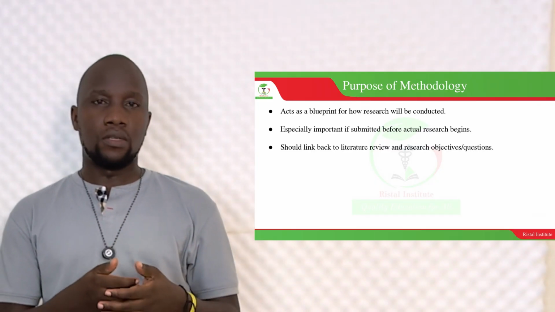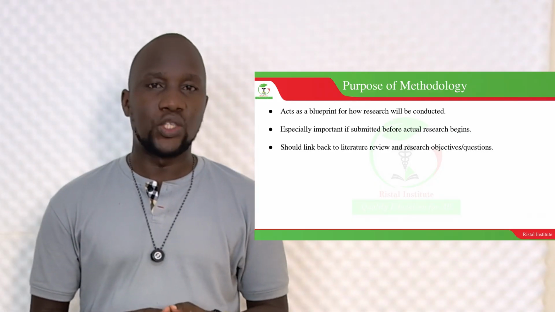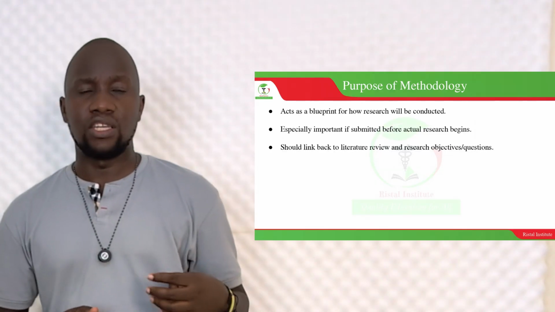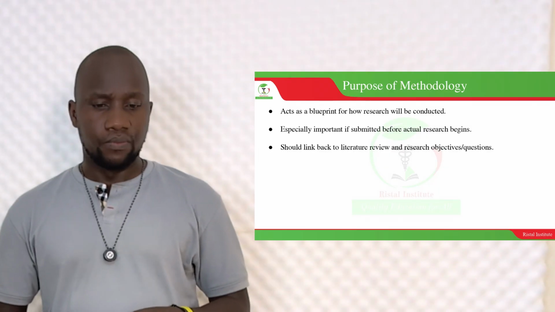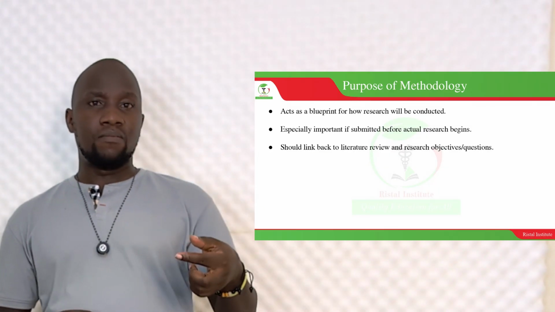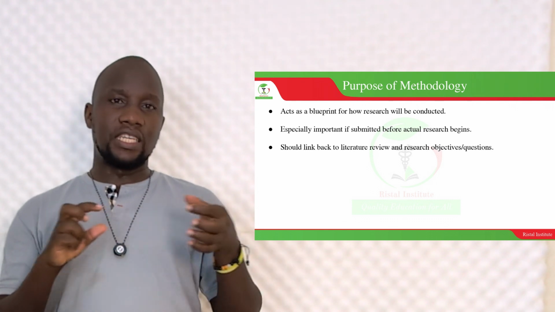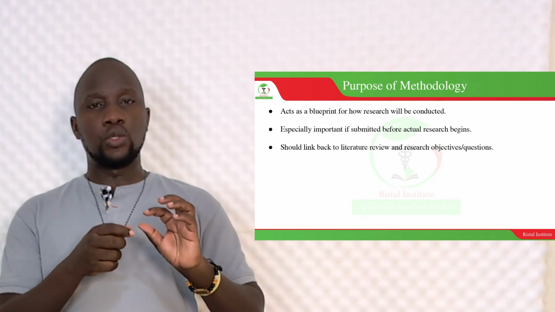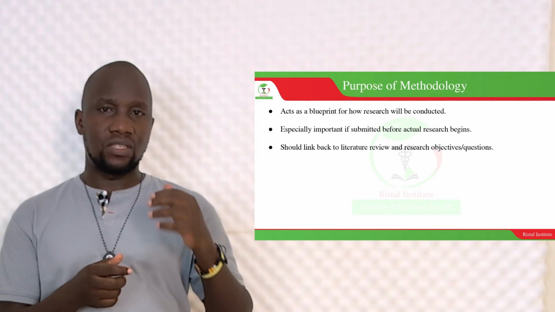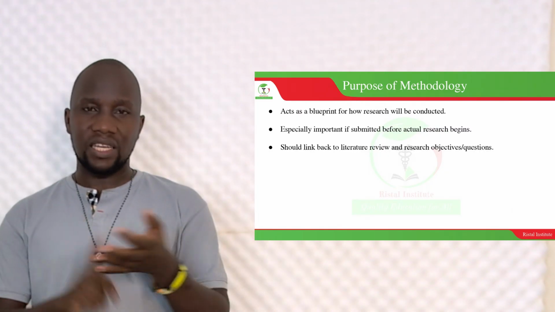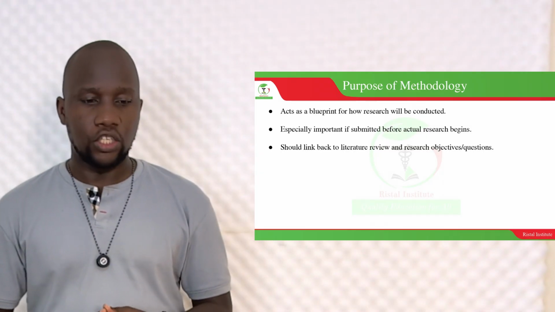So your literature review informs you on the different techniques that you can apply, and you get some of the justifications from the literature review. So that means the methodology is linked to the literature review, it's linked to the research objectives, the research hypothesis, and the research question. So it is not in isolation.